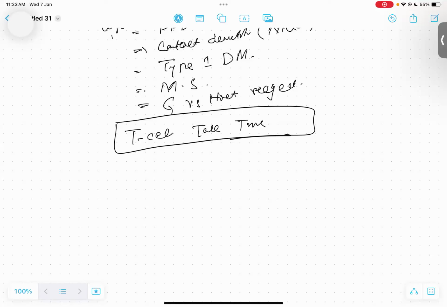So the first one is usually immediate, type 2 will take hours to days, and type 3 will usually take days to weeks, while type 4 will usually take around 48 to 72 hours. Everybody clear? Remember these four T's as well.